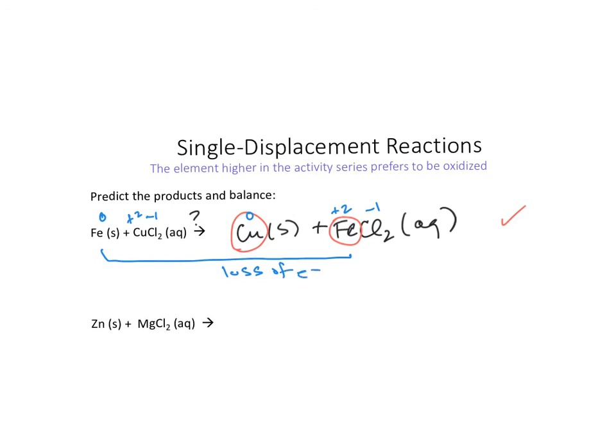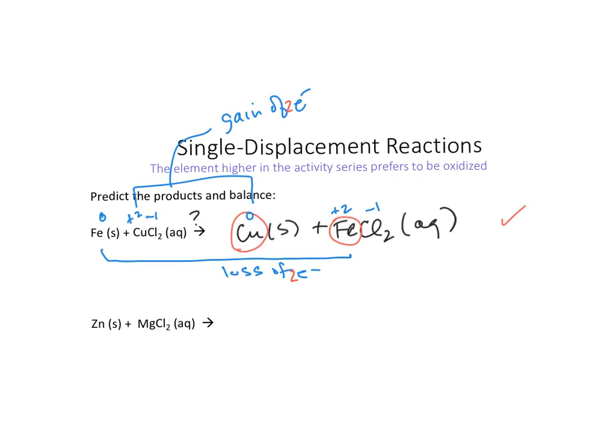And then you have copper 2 going to copper 0, so that one corresponds to a gain of 2 electrons. And yeah, you can put the number 2 in there. 2 electrons and 2 electrons.